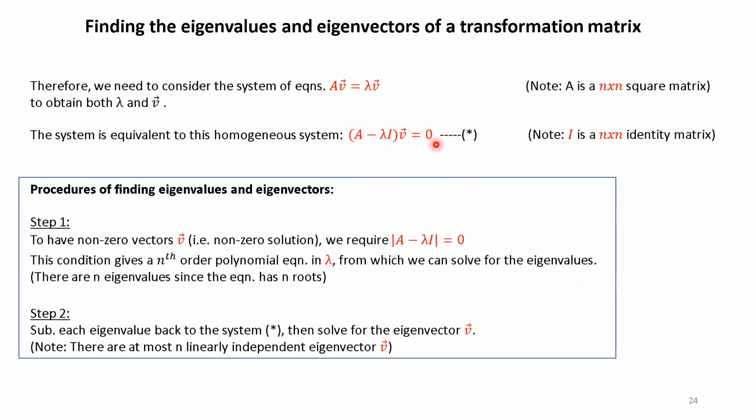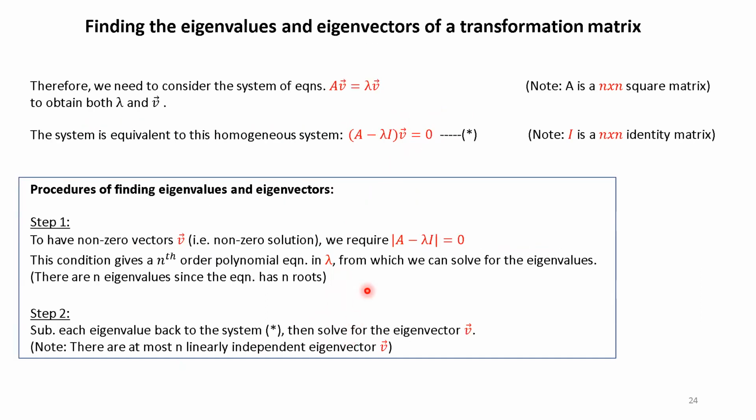Then I can actually solve for V. Before, at this step, we did not know what lambda is. Now we know, so we substitute that known value of lambda back into this system and solve for V. And at most, you get n linearly independent eigenvectors.